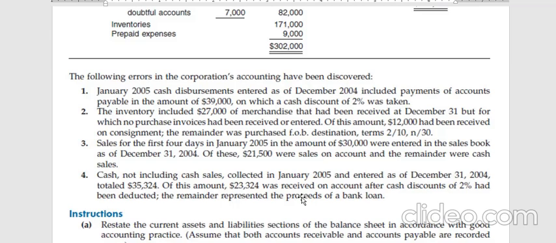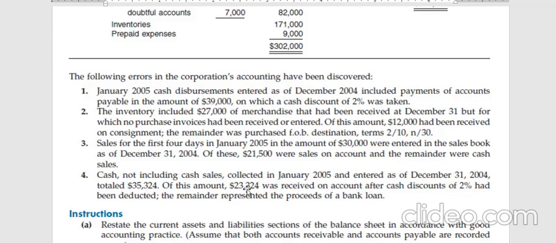Money was received. When was it received? January 5. From which source did it get received? It was received on account after cash discount of 2%. So it means our customer paid us money and we received this money after the subtraction of 2% discount.